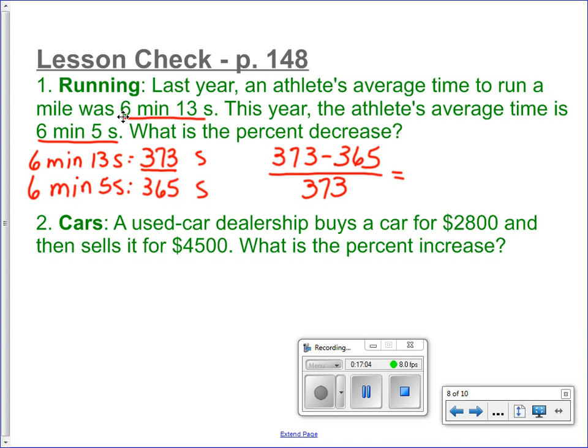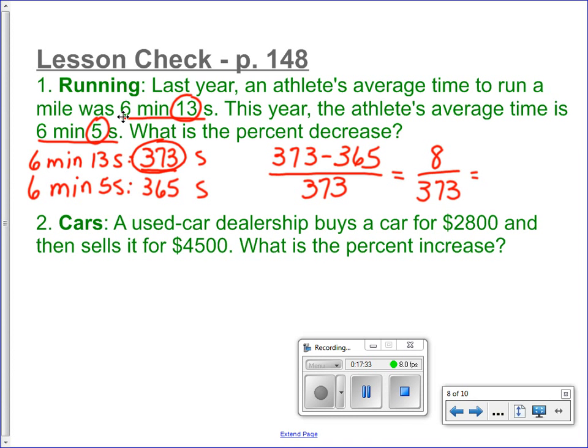Okay, so here we go. 373 minus 365 is 8. We could actually have solved that just taking 13 minus 5, but no big deal. So 8 seconds, and we want to divide it by the original, and this is where we would need our 373.